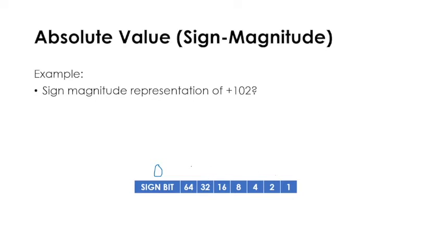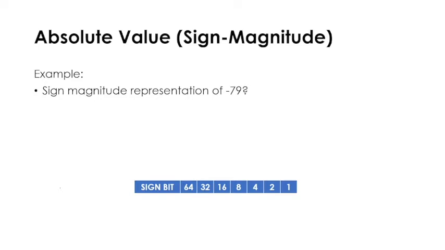So our value for 102 will be 1100110. So our final answer will be 01100110. So let's try another example.